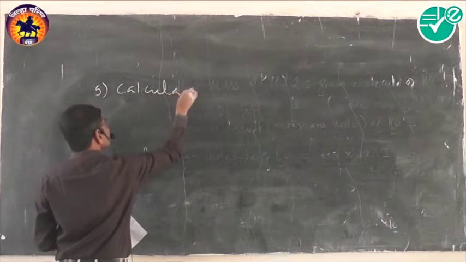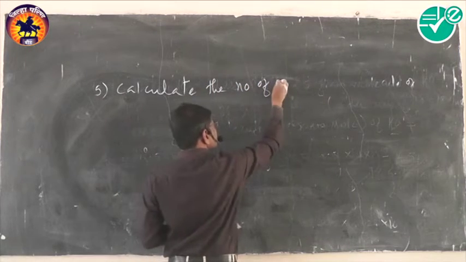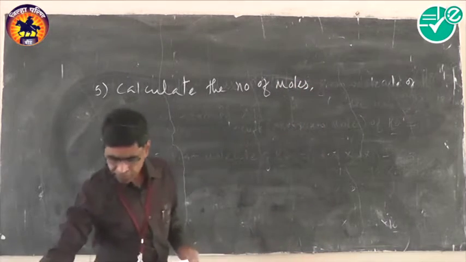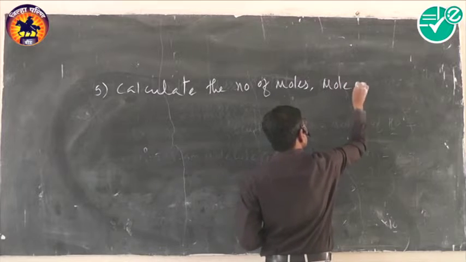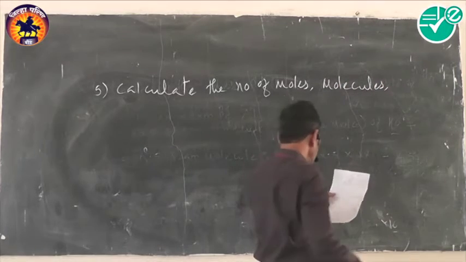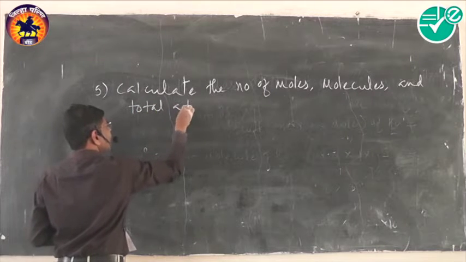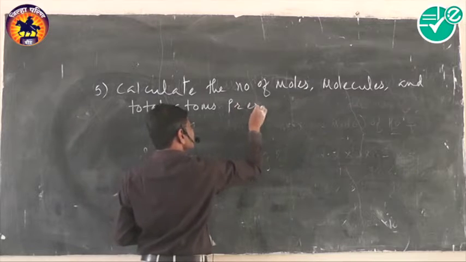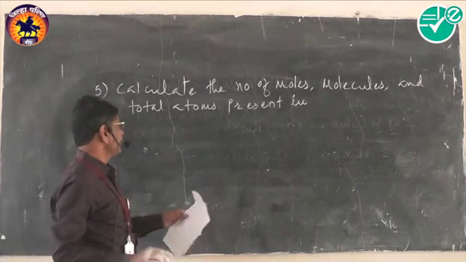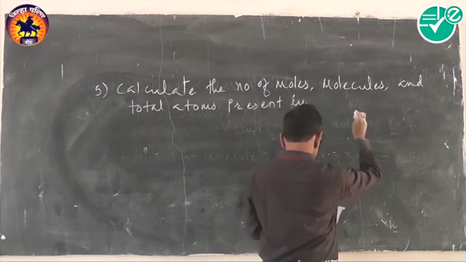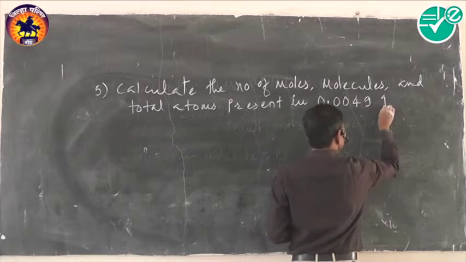Calculate the number of moles, number of molecules, and total atoms present in 0.0049 gram sulfuric acid.